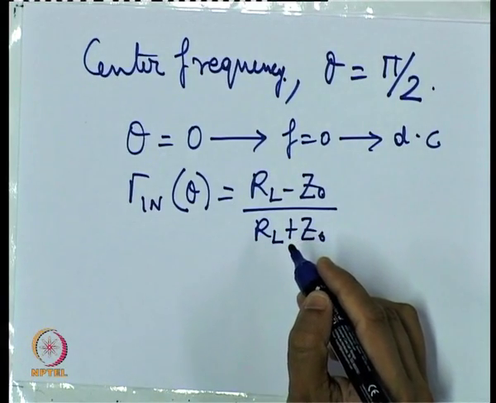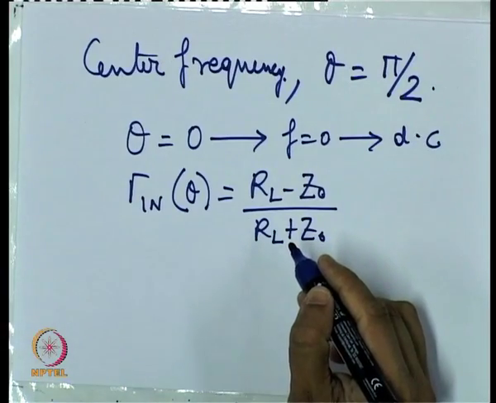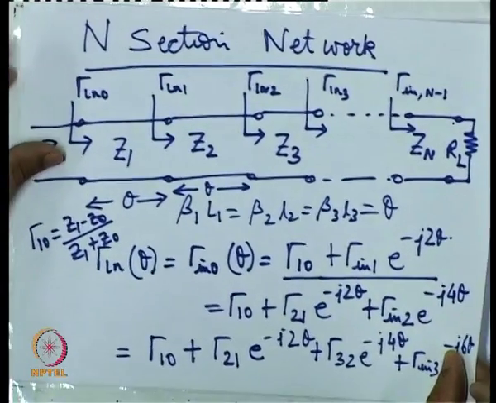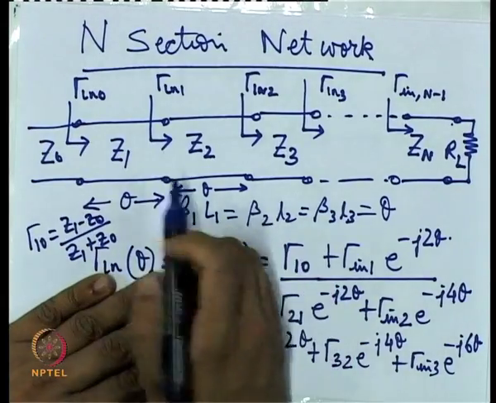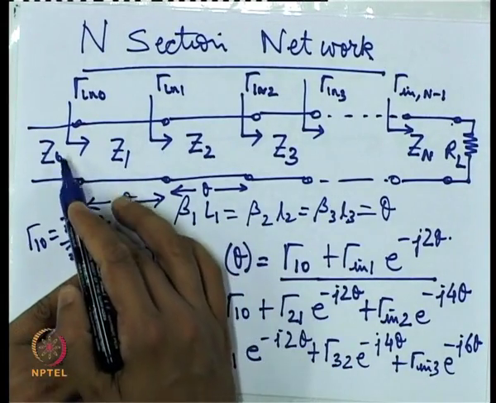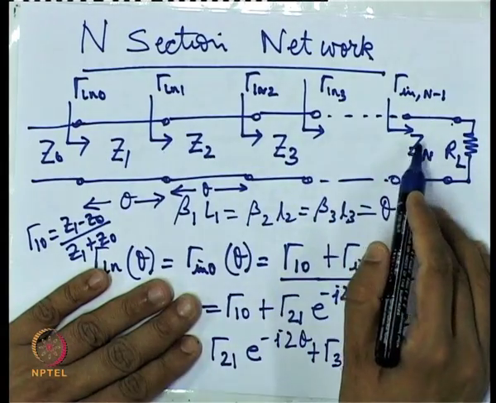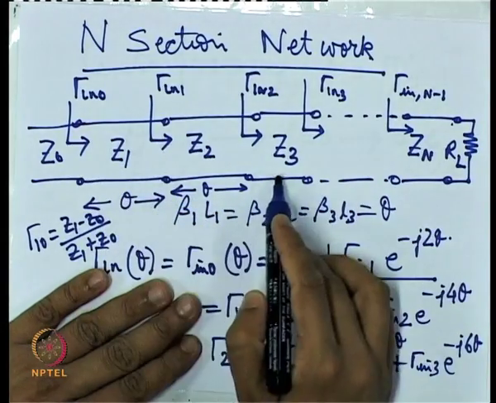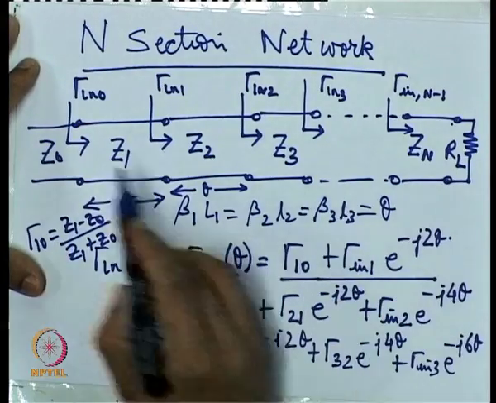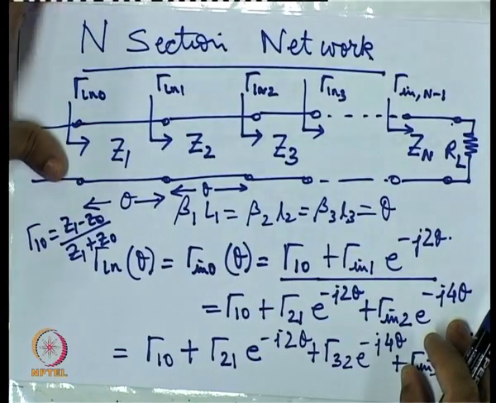This is because, as we know, even if we have n sections, if we go back to the previous slide, at DC from the input to the output it will be one shorted line. So the input reflection coefficient at DC will simply be RL minus Z0 upon RL plus Z0.